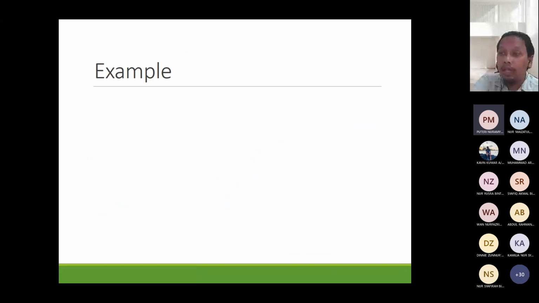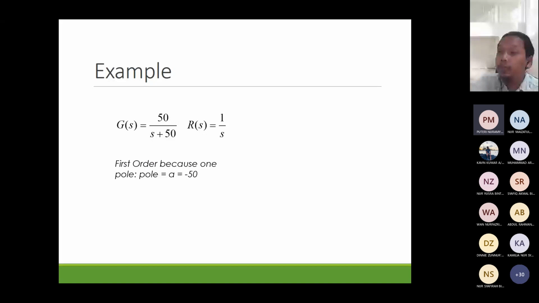Let's look at an example of how to apply the formulas that we have learned for a first order system. Let's say you have G(s) equals 50 over s plus 50 and a unit step input, 1 over s. From here, we know that the pole is minus 50. By inspection, we know that the solution of the time response is c(t) equals 1 minus e to the power of negative 50t.